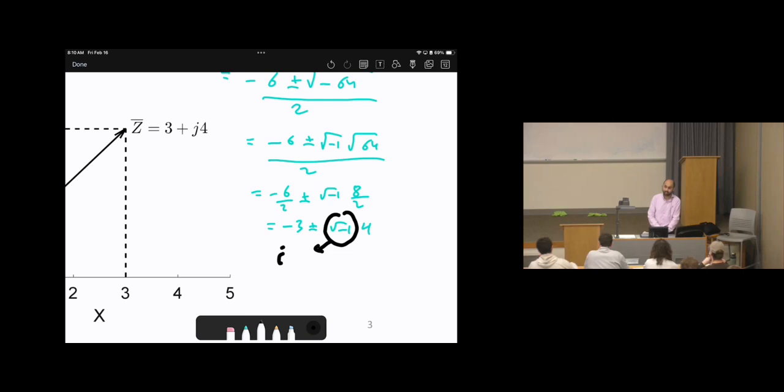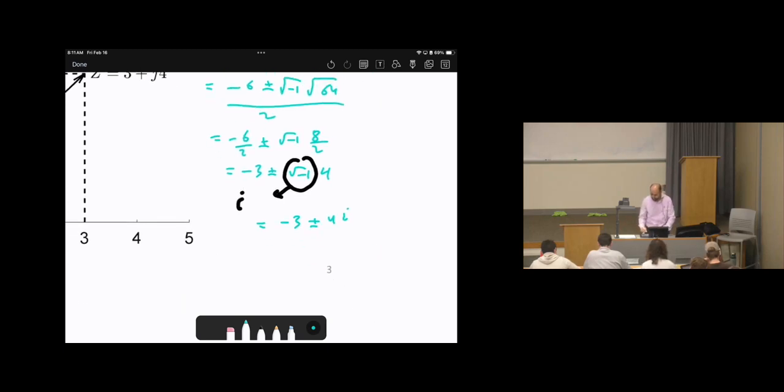Something that does not exist, but we define it as the imaginary number. Then it will be negative 3 plus minus 4i. Okay? That's how we represent it. Therefore, we actually have 2 points, which are negative 3 plus 4i and negative 3 minus 4i.